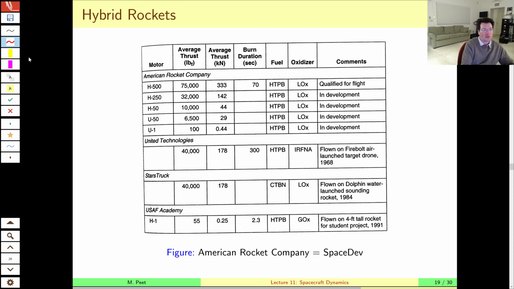So just some examples of hybrid rockets which have flown. The American Rocket Company produces quite a few of these. Relatively high thrusts, not too bad. I believe HTPB is paraffin. United Technologies has its own.